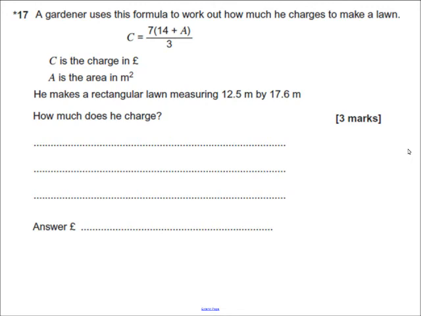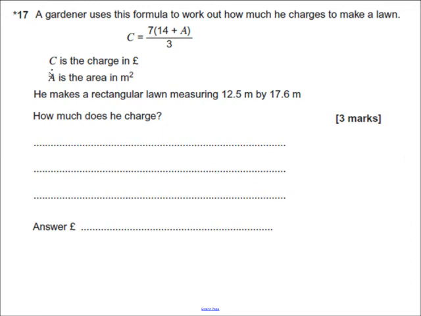Question 17 is about a gardener who uses a formula to work out how much he charges to make a lawn. Now, it looks like a complicated formula, but when we read the rest of the question, that C is pounds and A is the area, he's going to make a rectangle using the lawn of 12 metres by 17.6 metres, and we need to know how much he's going to charge.